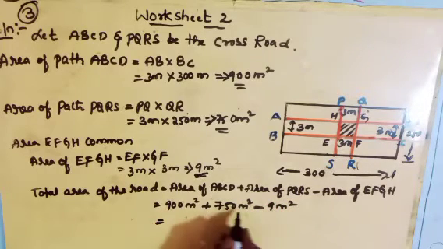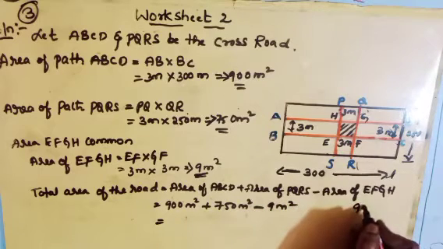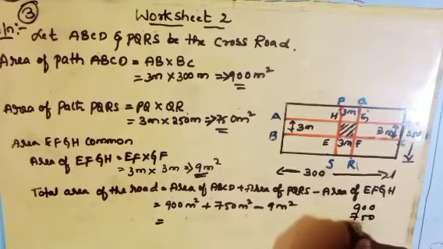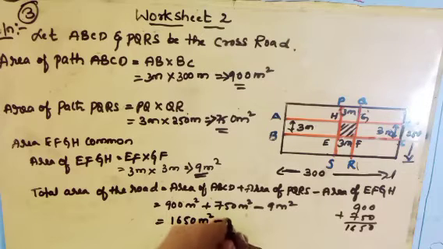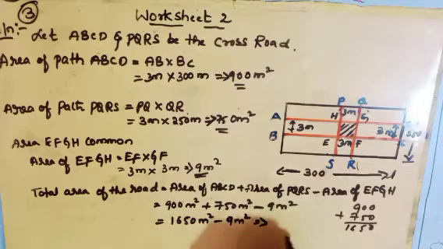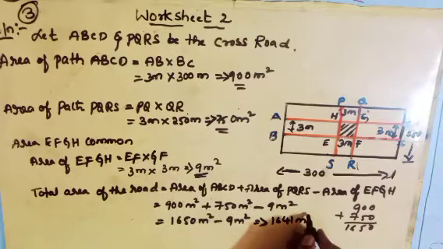So first let us add this. 900 plus 750: 9 plus 7 is 16, that is 1650 meter square, minus 9 meter square. So when we subtract, we'll get here 1641 meter square.